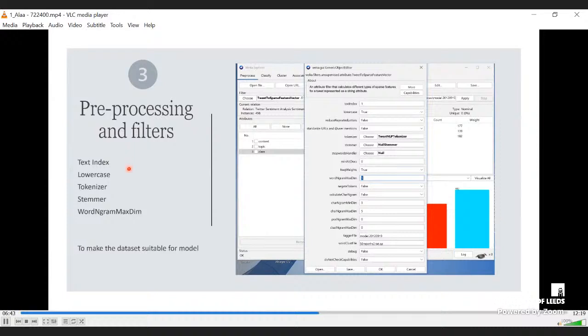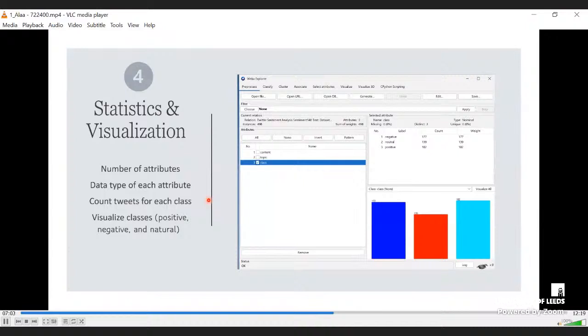In each one, we can adjust the lowercase, tokenizer, stemming, and word n-grams, for example, here one, to make sure that it separates each word from the text. All this pre-processing prepares the data to be suitable for the model.